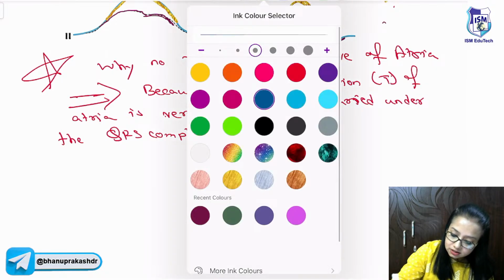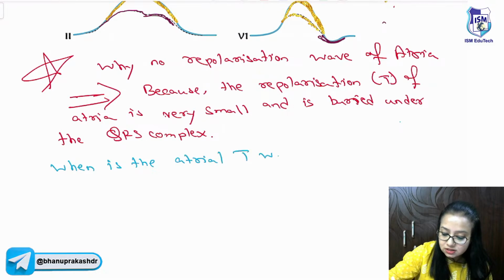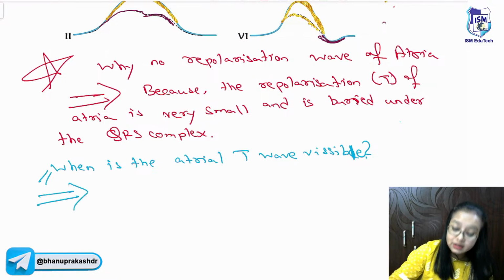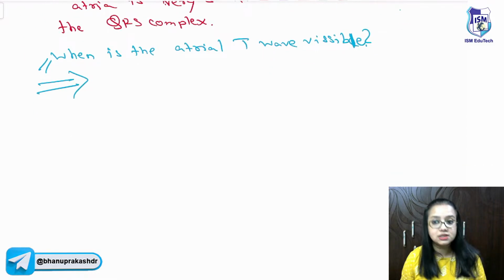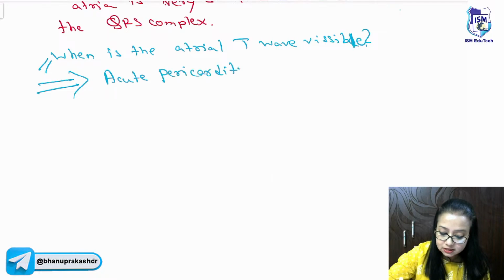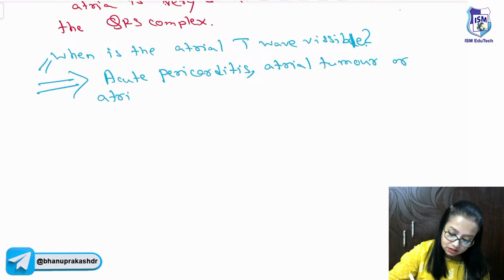Then when is the atrial T wave visible? Just simply for now, what we have to remember is that it is visible in clinical, pathological conditions like acute pericarditis, atrial tumor, or conditions like atrial infarctions.